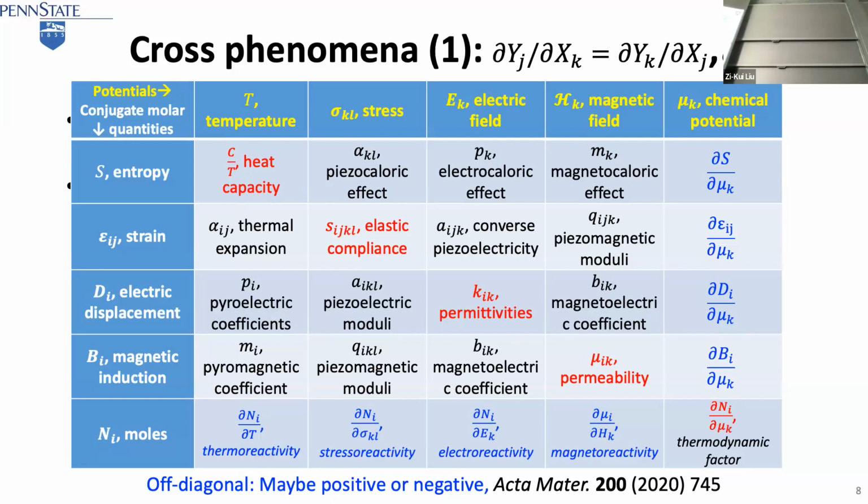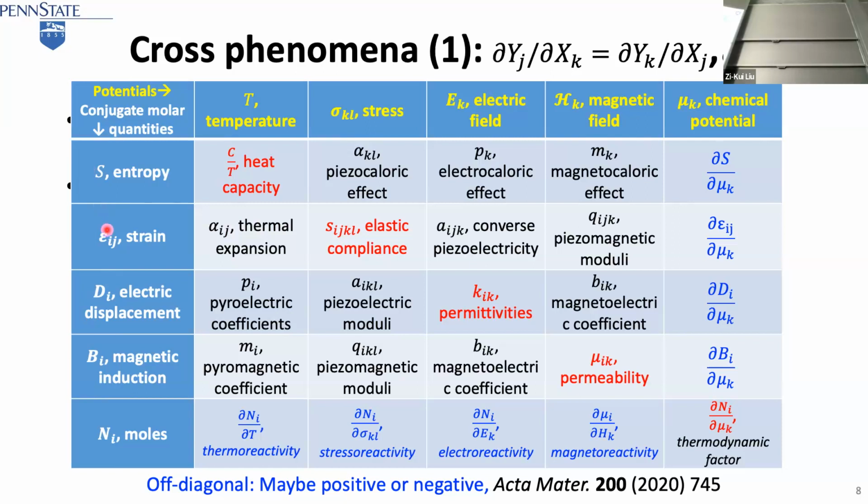They are conjugated variables. T and S, mu and X. Then you have electric field and electric displacement, magnetic field and magnetic displacement. They're all pairs, right? So one of them is called potential. For example, you have temperature, stress, pressure, electric field, magnetic field, and chemical potential. Those are all potentials.